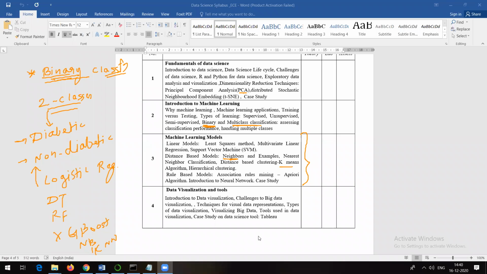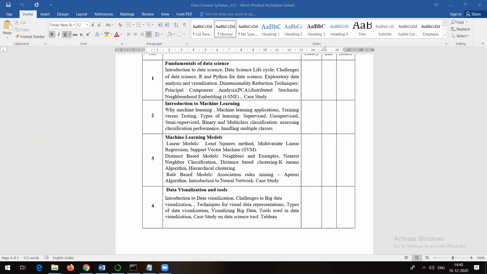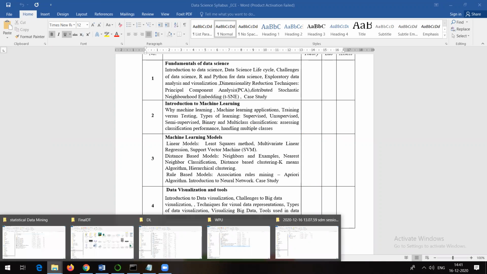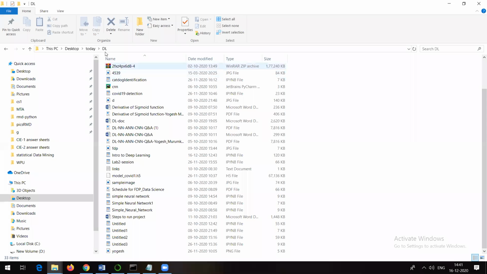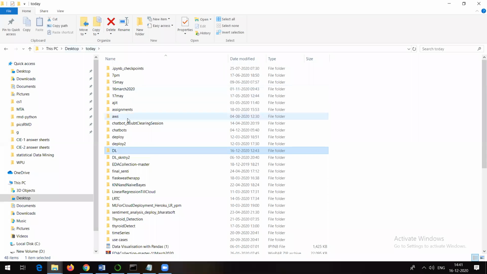Talking about multi-class classification, let me show you a very simple example. Which type of models can be developed here? Let me show you a data set where we can discuss the multi-class classification problem.